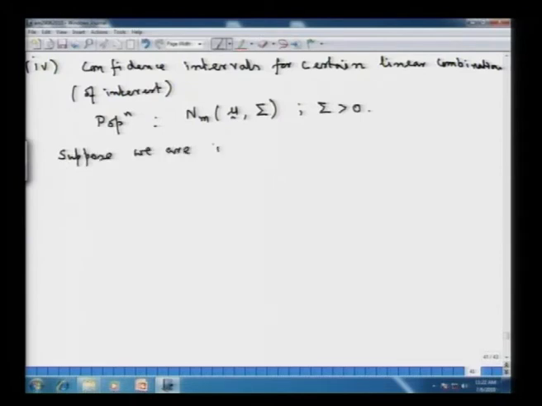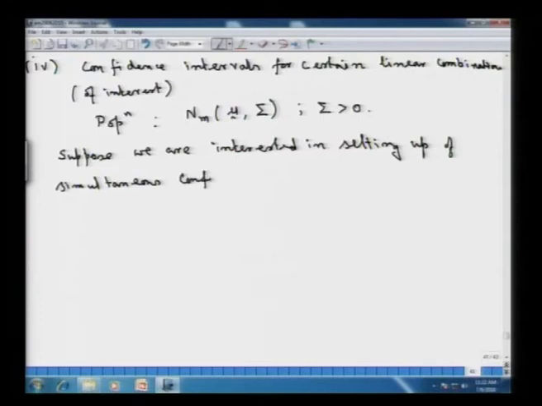in setting up of simultaneous confidence intervals for quantities of the form a i prime mu.